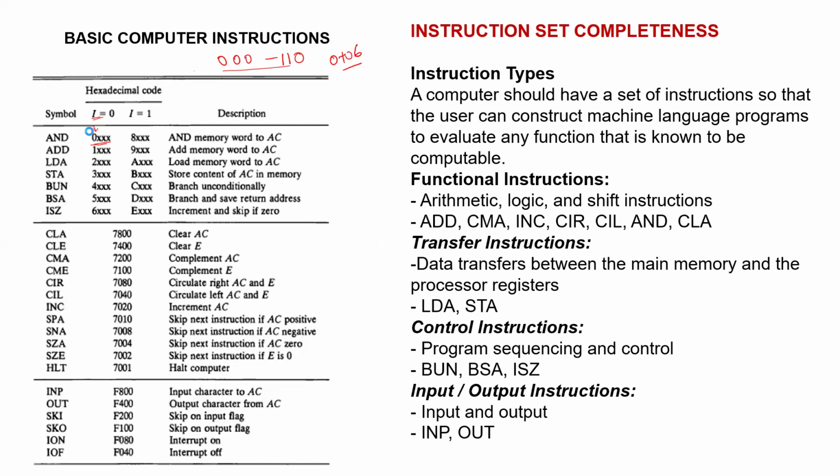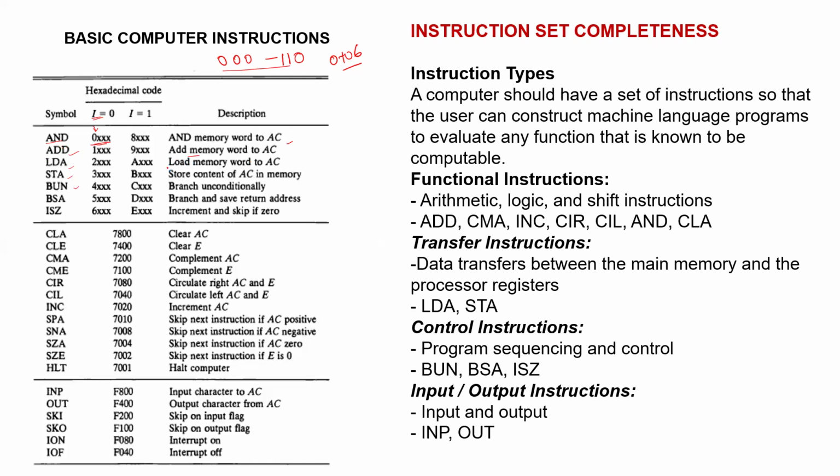When the first combination is available, the opcode is for AND. Then we have ADD, LDA, STA, BUN, BSA, ISZ. AND performs the logic AND operation of memory with the contents of the accumulator, and ADD is the arithmetic addition of a memory word to the accumulator.